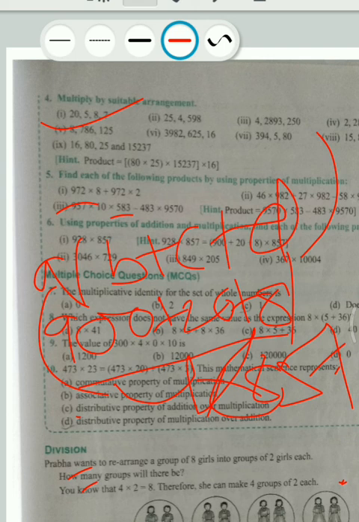Now see your question number 7, a multiple choice question.